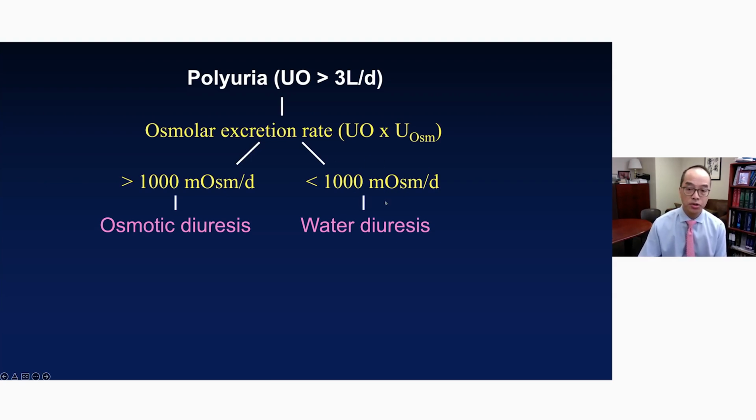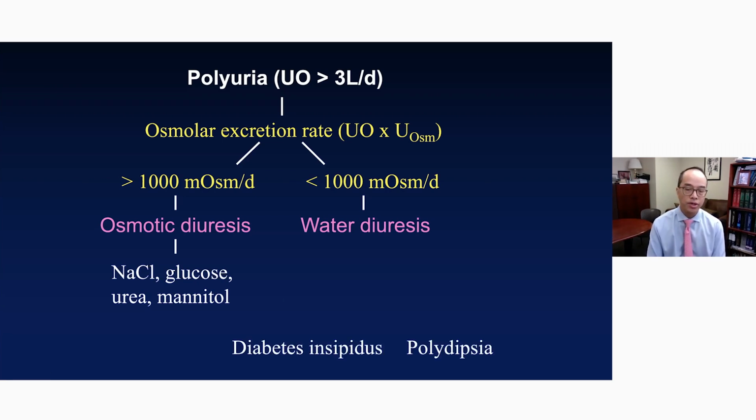Therefore, any additional water that needs to be excreted would be free water. So that's a water diuresis. If the osmolar excretion rate is over 1,000, that's an osmotic diuresis. The causes of osmotic diuresis include sodium chloride itself, glucose in hyperglycemic states, urea in patients fed high-protein supplements, or other exogenous substances like mannitol.